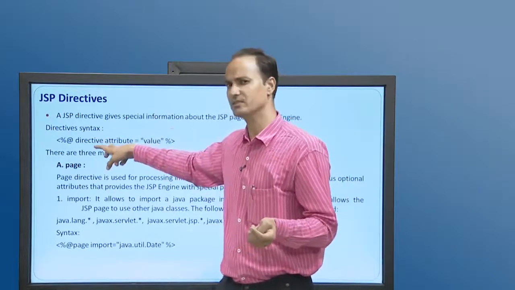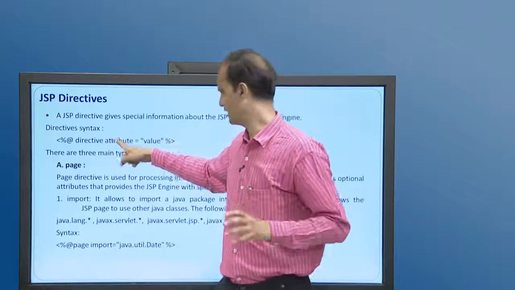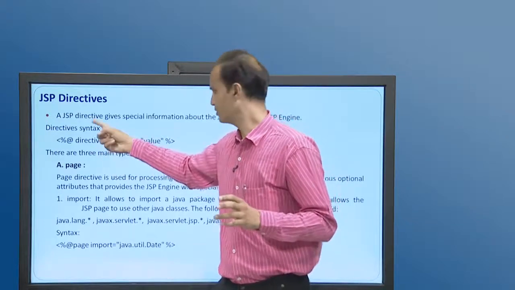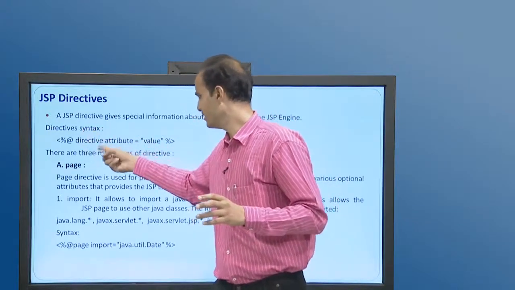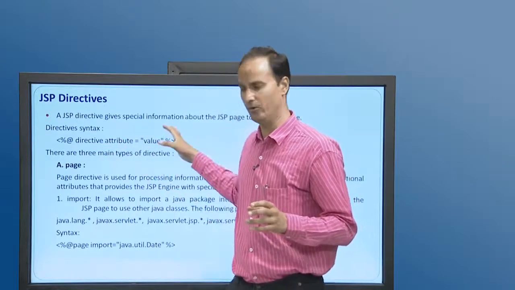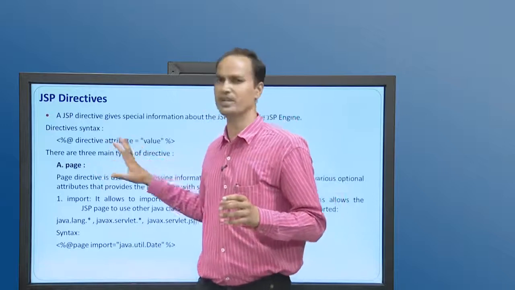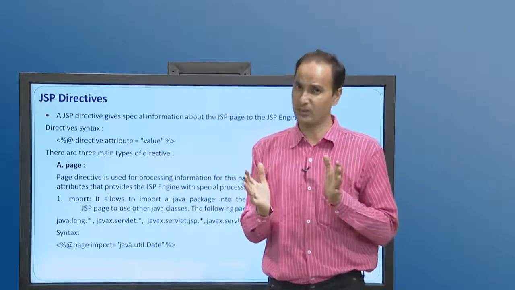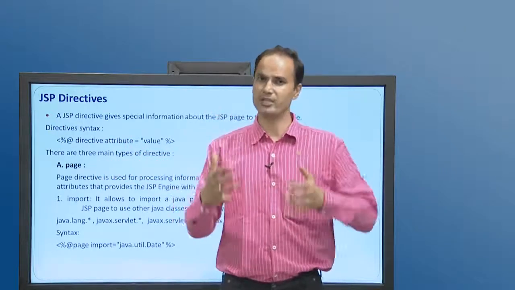So, 3 directives are there, and among them you can use either page, include or taglib. So, percentage, @, the directive name and then its attributes and their values. Let us have an example, first one, page, if you are using the page directive. The page directive has a number of attributes.